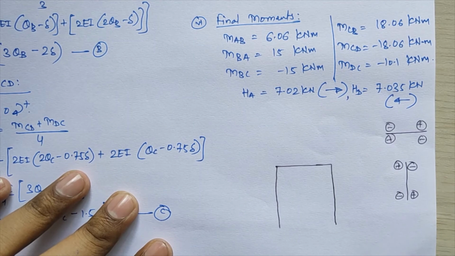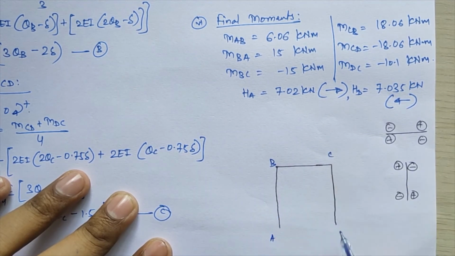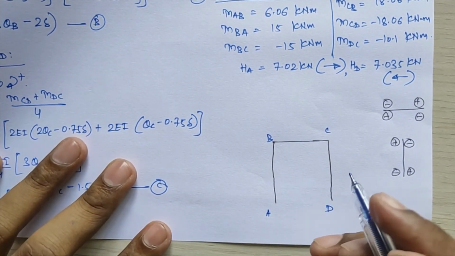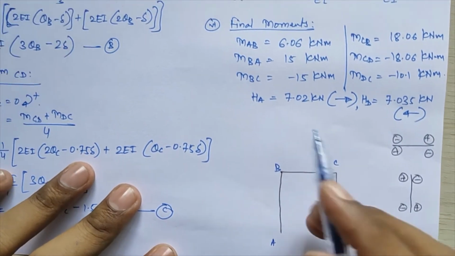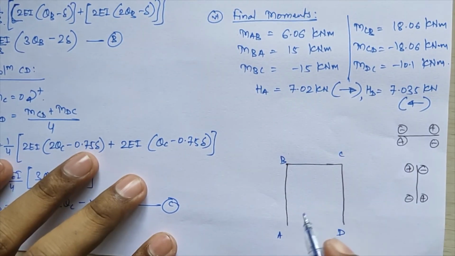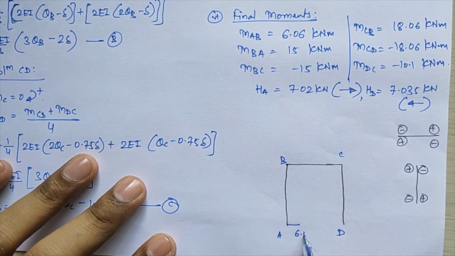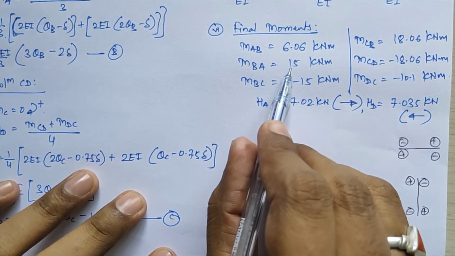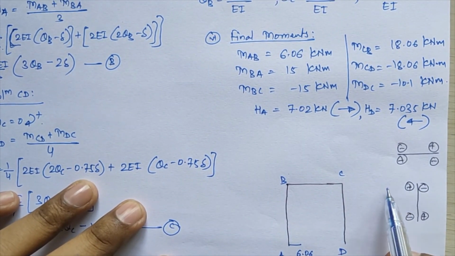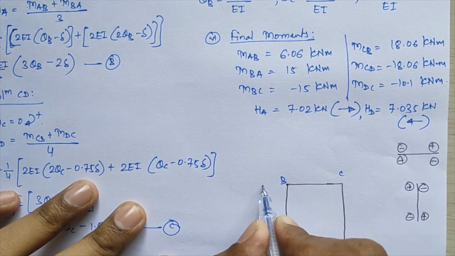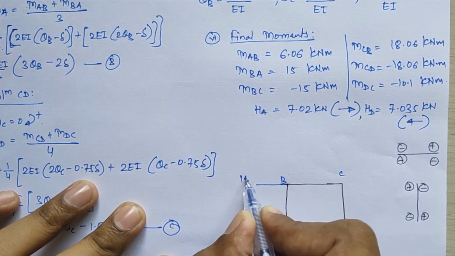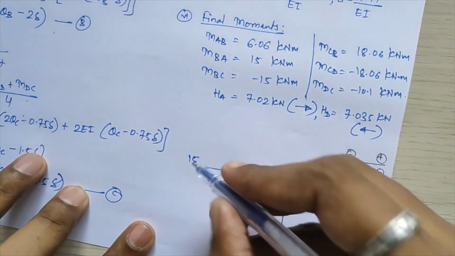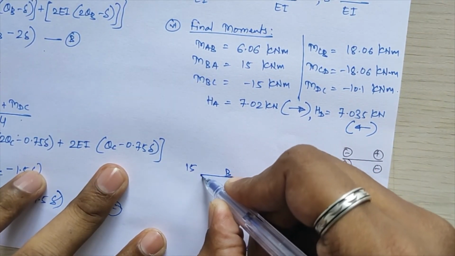The first member is the vertical one, so this is A, B, C and D. For the first member, MAB I am getting as plus 6.06, so I'll plot that over here. Next at joint B you are getting positive 15, which means you have to plot it on the outward side of the frame, here equal to 15. You have to join this using a straight line.